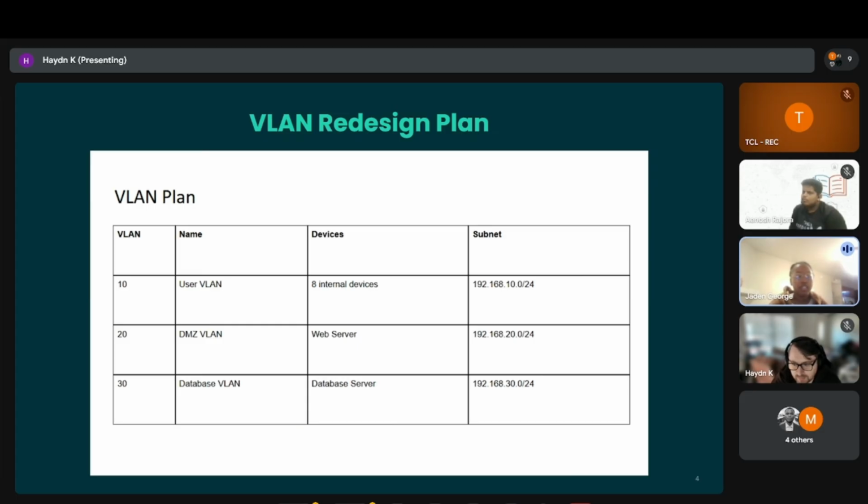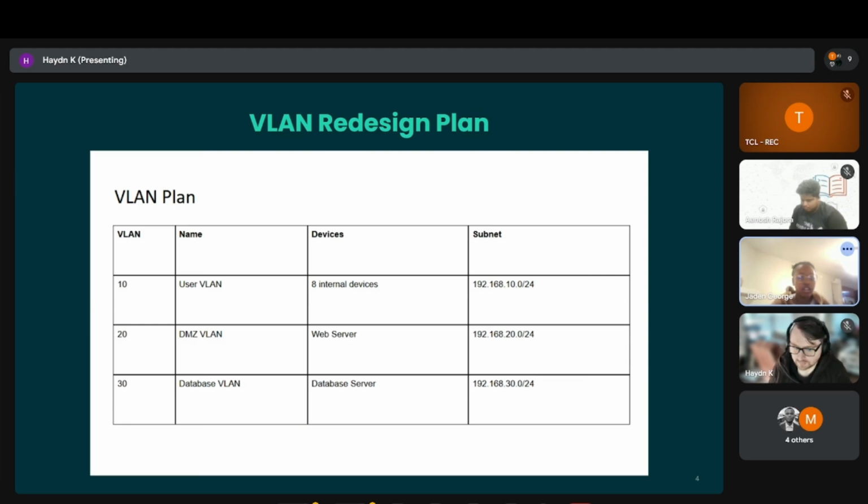To take this a step further on the router, we'd do encapsulation, and we'd make it so that all the devices on the user VLAN will stay within the same subnet address, but that's a different conversation.